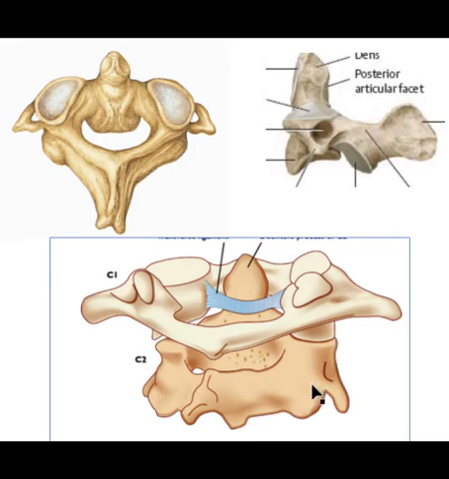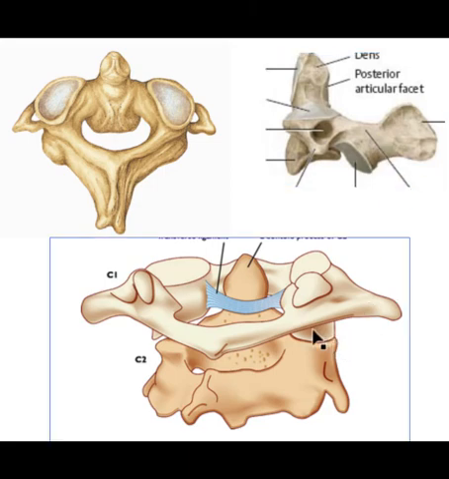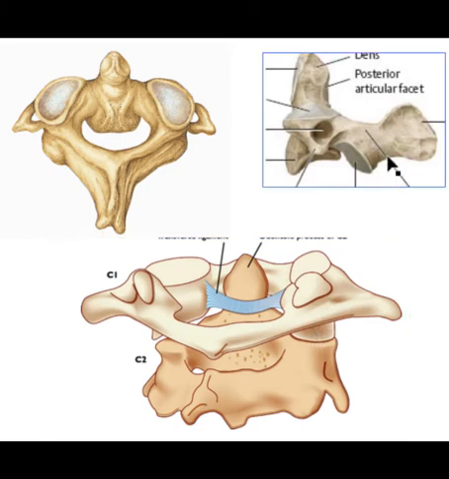One of the operations would be to put a screw into the lateral mass of C1 and another screw into the pars interarticularis of C2 and then connect them up with a rod. So here the screw into the atlas will be into the lateral mass of C1 and the screw into the C2 would be into the pars interarticularis.